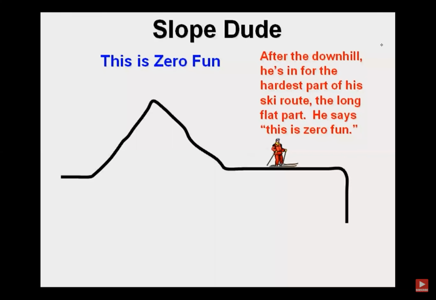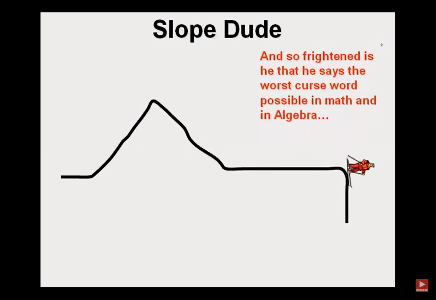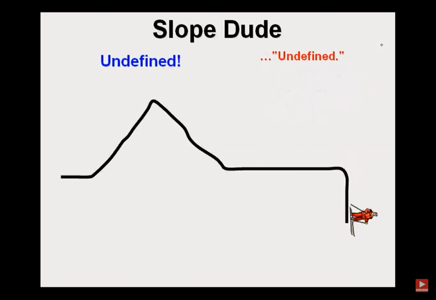And as he finishes the flat part, he doesn't see well ahead, and all of a sudden, he comes to the edge of a cliff. It's straight down. So frightened is he that he says the worst curse word possible in math and in algebra. Undefined.